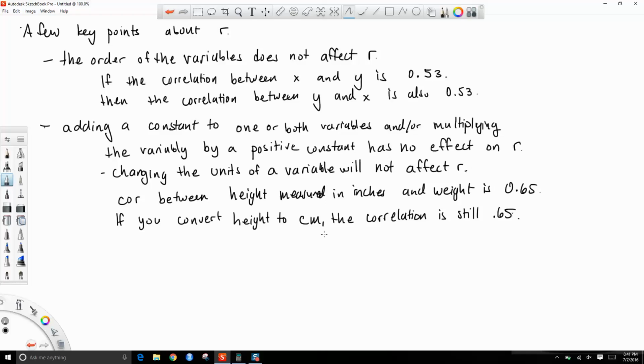Correlation itself is a unitless quantity. It's always between -1 and 1.